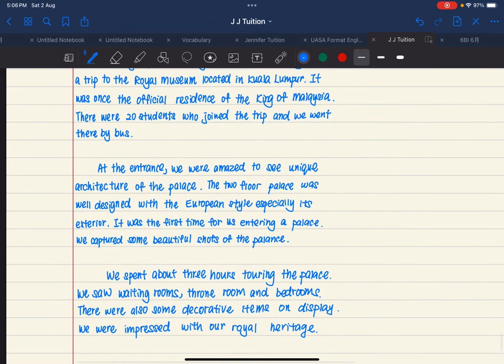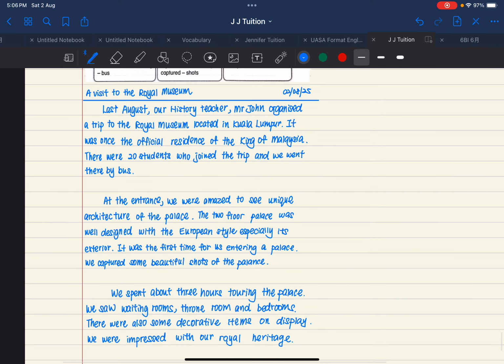Okay, so this is the short and simple story for us to learn how to write a visit to the Royal Museum. You can pause here and then copy these stories into your books. Last August, our history teacher, Mr. Jones, organized a trip to the Royal Museum located in Kuala Lumpur. It was once the official residence of the Kings of Malaysia.